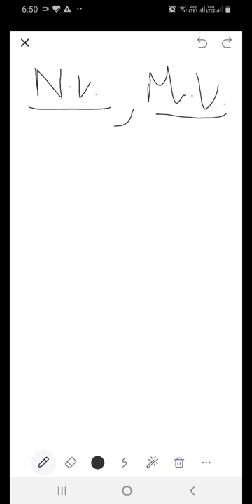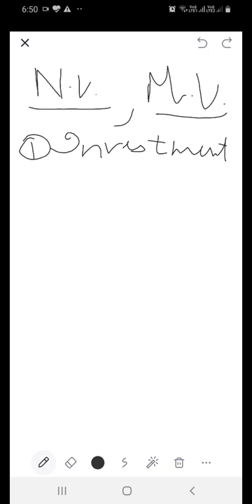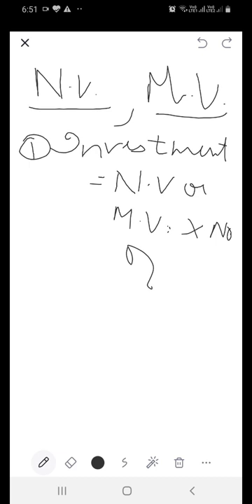Now the first formula which I am writing is: investment is equal to nominal value or the market value into number of shares.